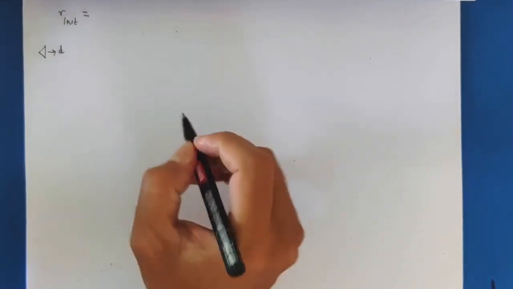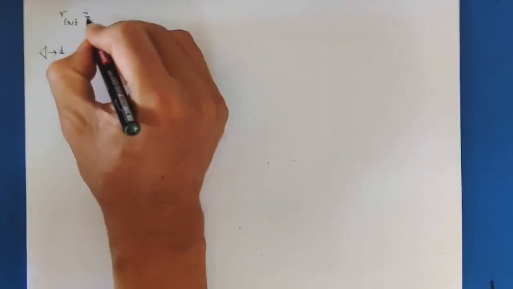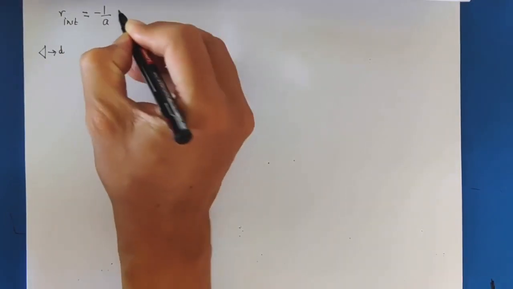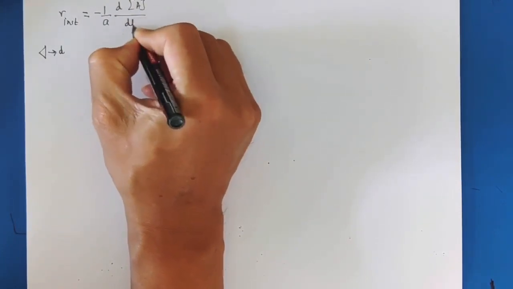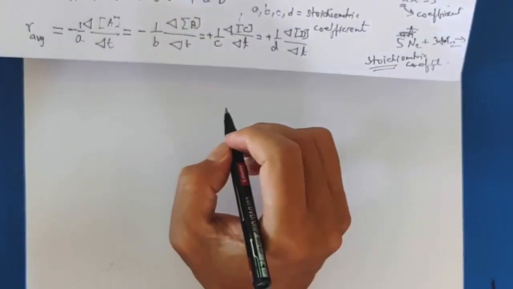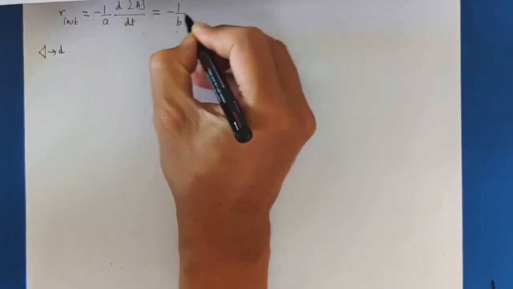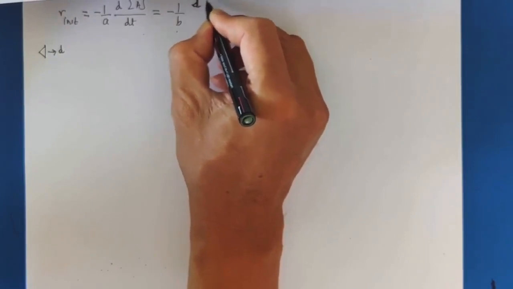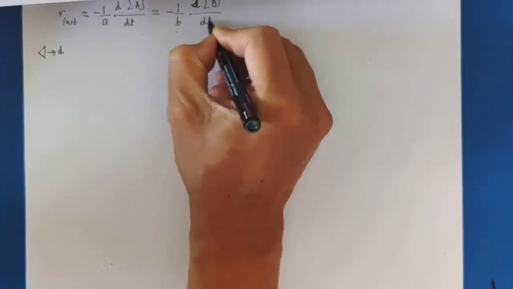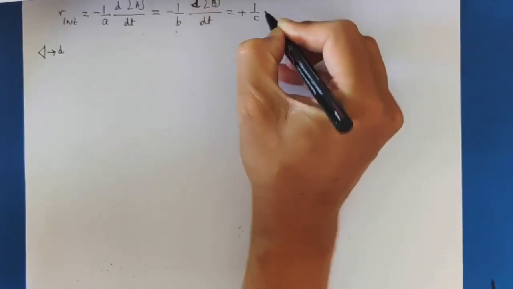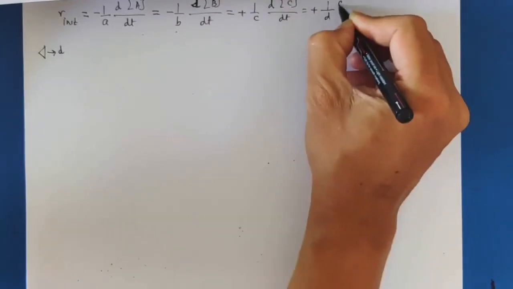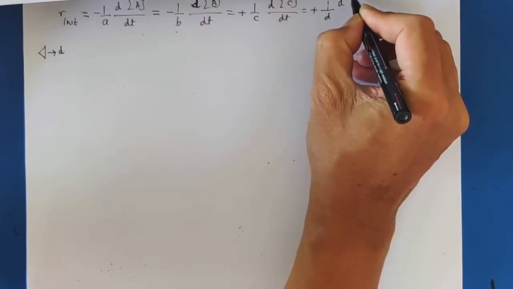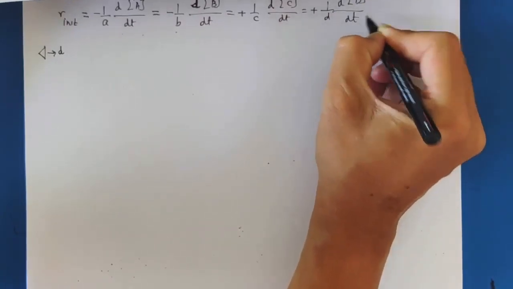So the instantaneous rate of reaction is minus 1 by a, d concentration of A by dt, equal to minus 1 by b, d concentration of B by dt, equal to plus 1 by c, d concentration of C by dt, equal to plus 1 by d, d concentration of D by dt. Instantaneous rate of reaction, average rate of reaction.